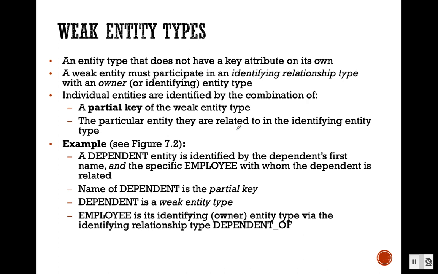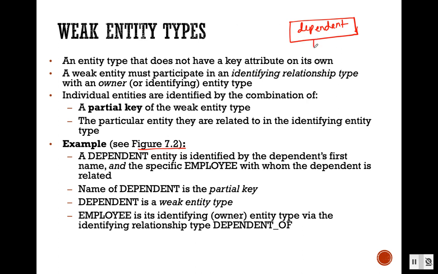type. An example of a weak entity type, from this figure and from our company diagram, is the dependent entity type. Dependents are related with each of the employees.